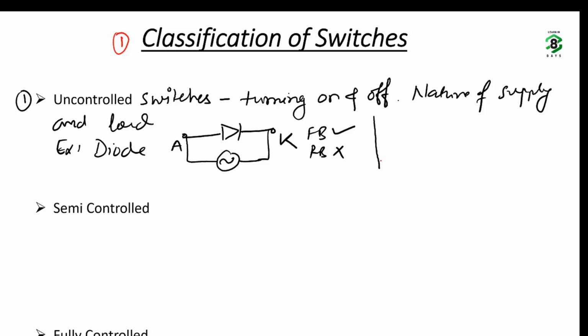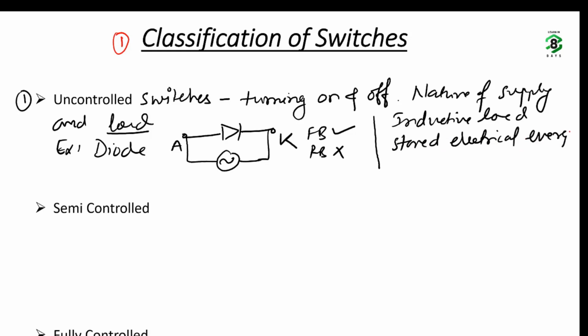The second condition is the nature of load. If an inductive load is there in the diode circuit, then due to the stored electrical energy in the inductor, the diode conducts even after 180 degrees.